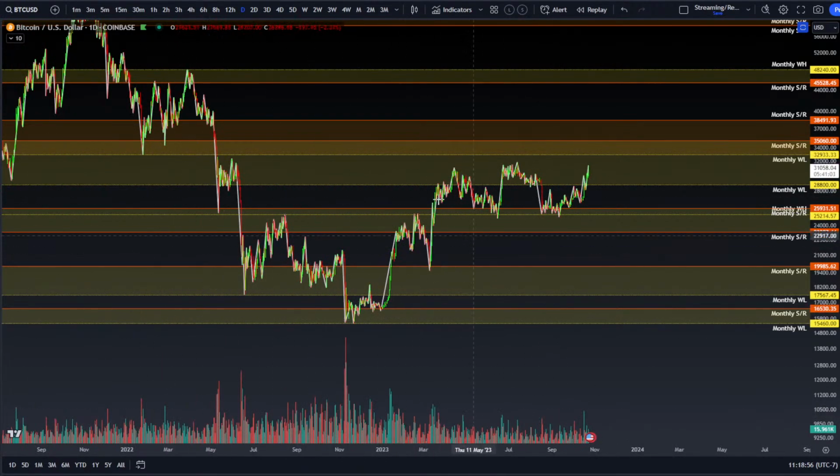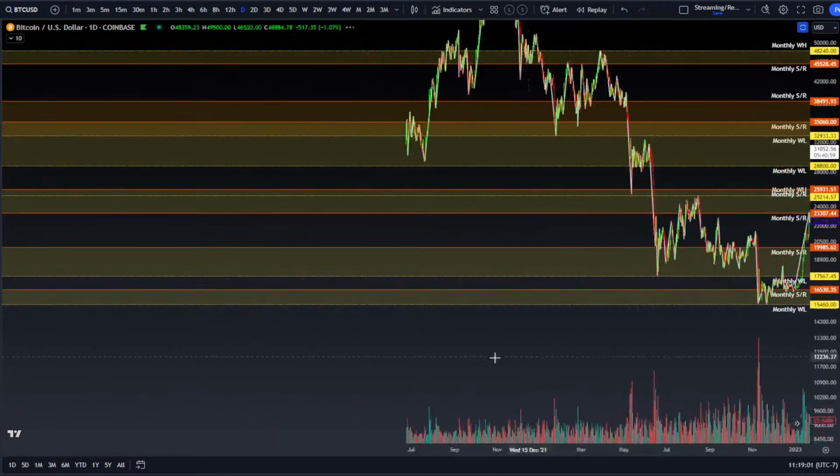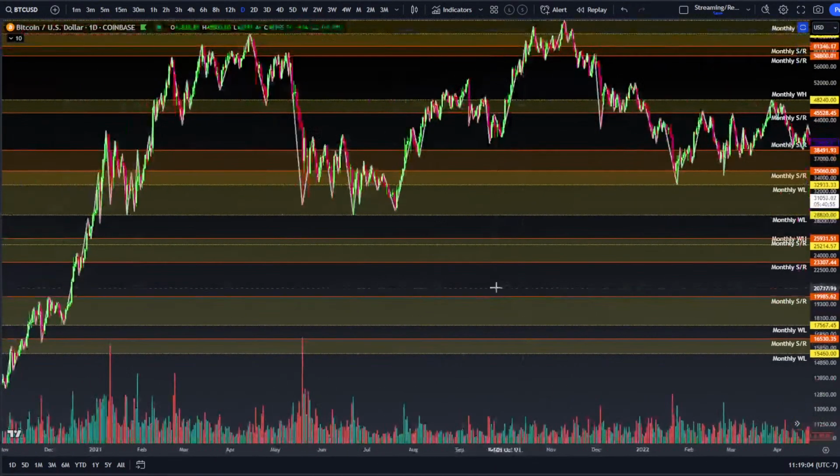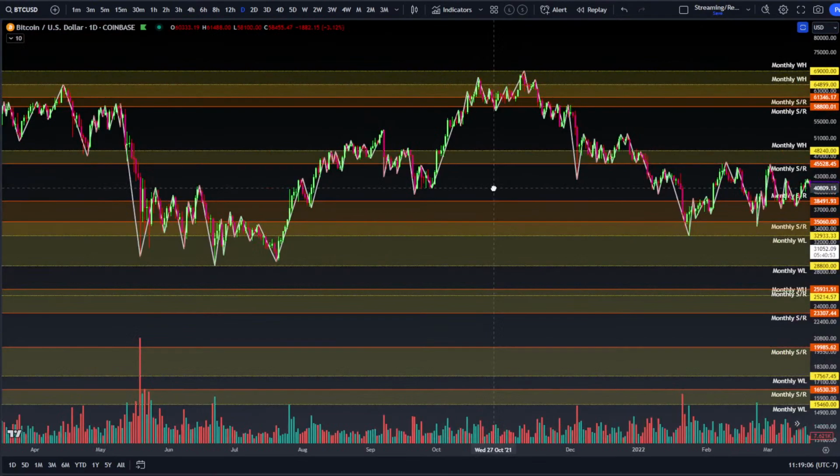Also, the length of time that it's taken is not the correct amount of time. Just to kind of refer you to, Bitcoin doesn't have to respect the time is what I'm going to tell you now.